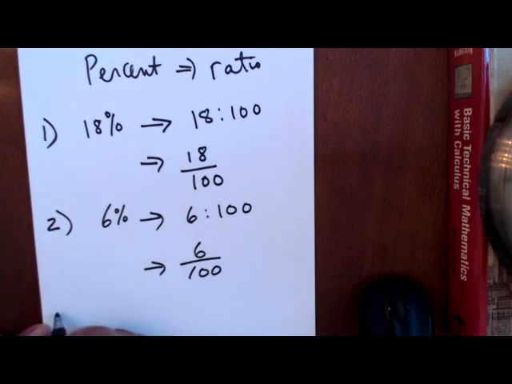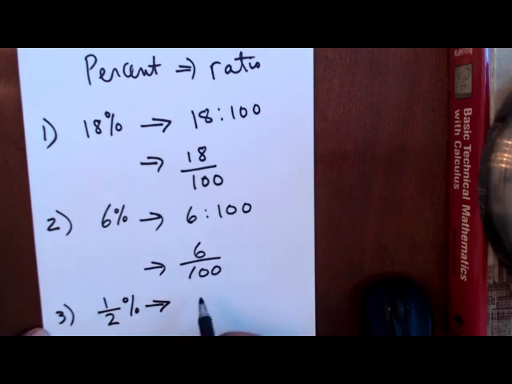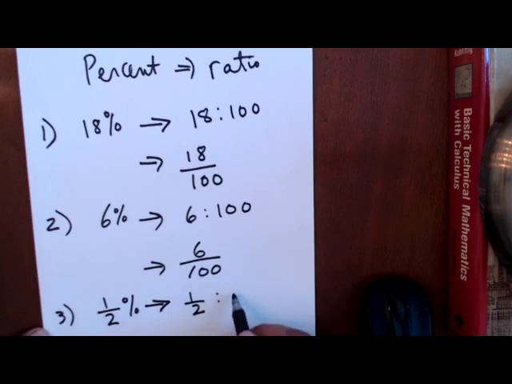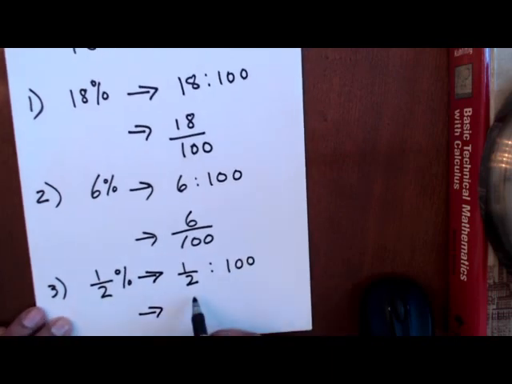I have another example here. Let's say 0.5%, right? We want to represent this as a ratio, and so we have to continue using the same approach that we did before. So it will be 1/2, right, to 100, and that's also represented as 1/2, right, over 100.